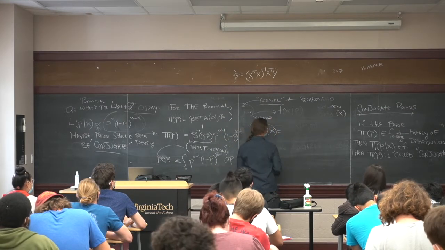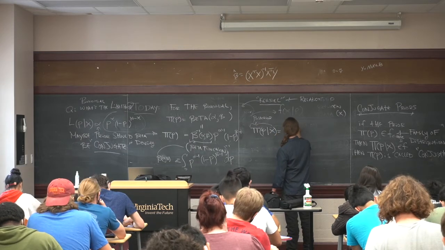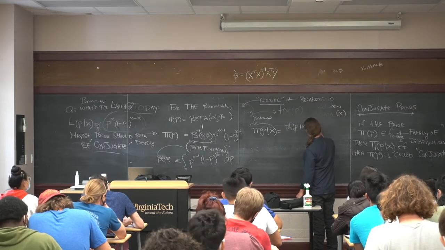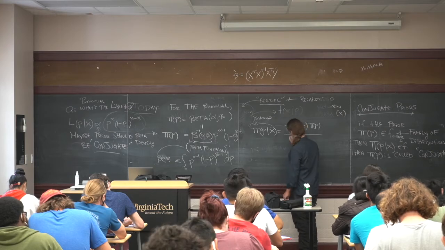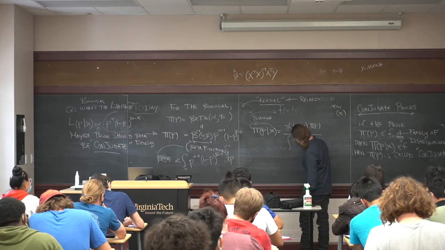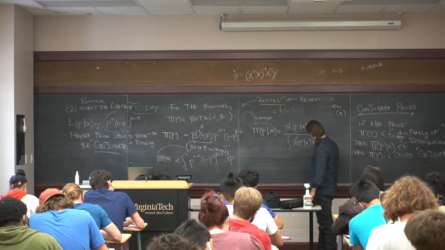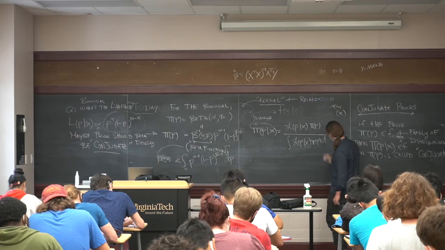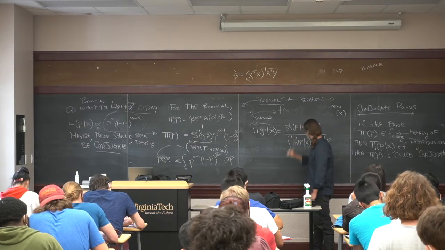This is going to be equal to our likelihood function given x times our prior. And we're going to divide it by the integral over this thing. This will make it so that it's bounded between 0 and 1.